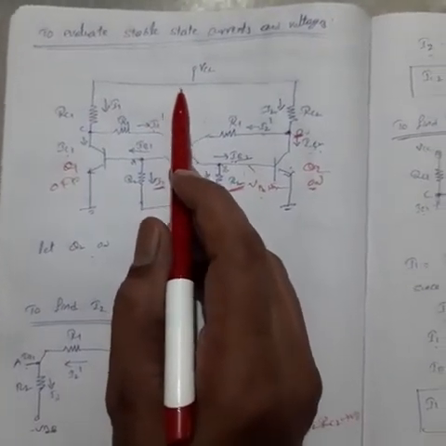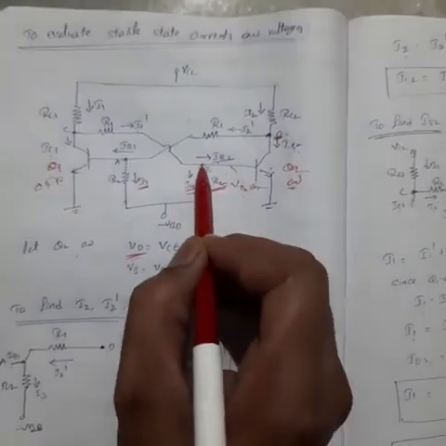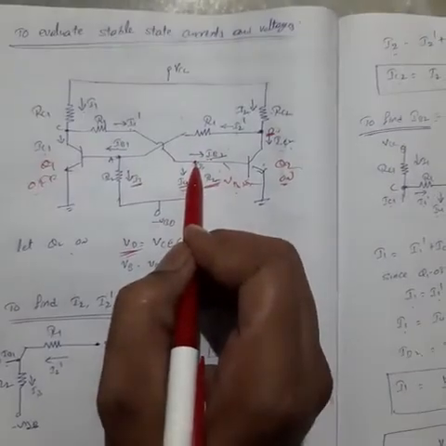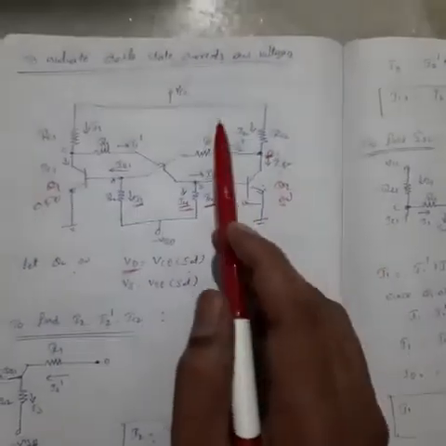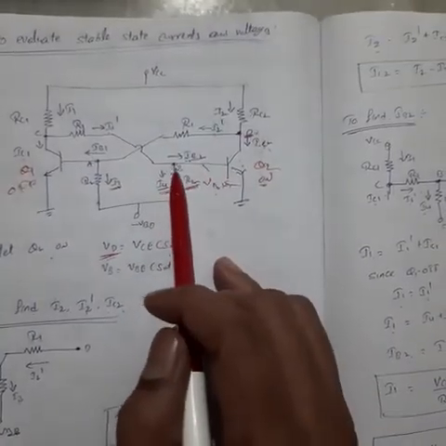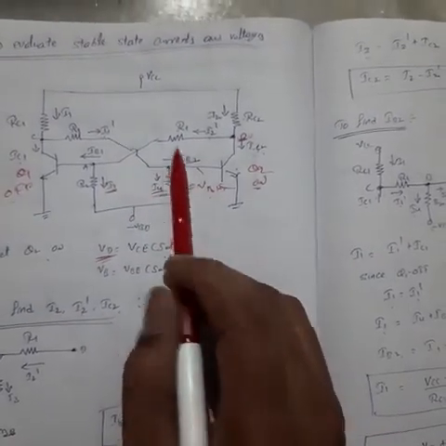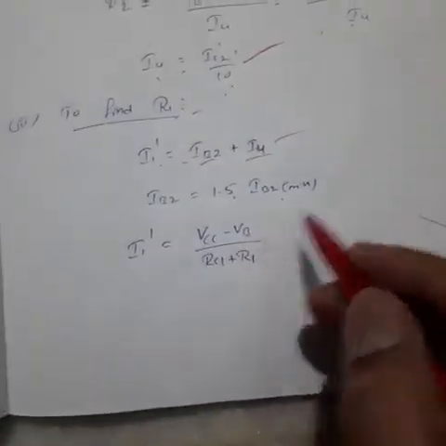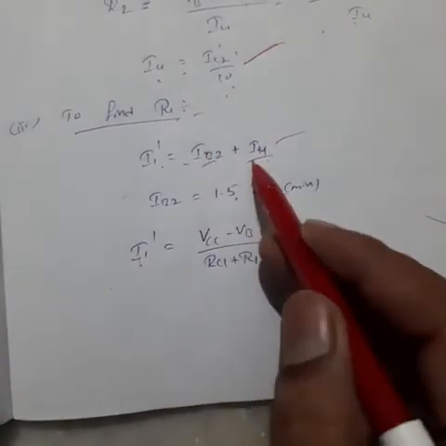That means I1 dash starts from VCC and ends at point B. So we can write VCC minus VB by the total resistance RC1 plus R1. That is the equation for I1. So from this we can get I1 dash.